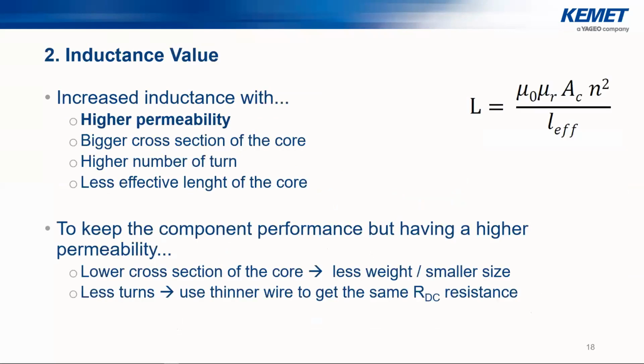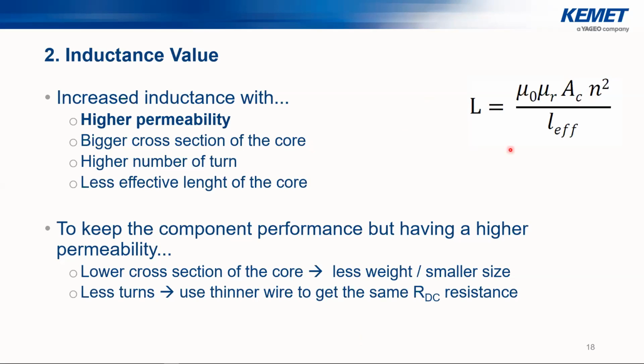Now, the second one is the inductance value. And for sure, the inductance value is the most important thing when choosing an inductor. And normally in your IC papers, you see which inductor is recommended. We know that the inductance increases with a higher permeability, but also with a bigger cross-section of the core and a higher number of turns.